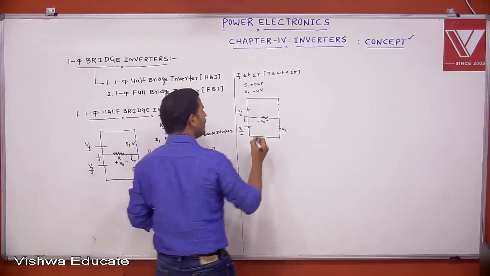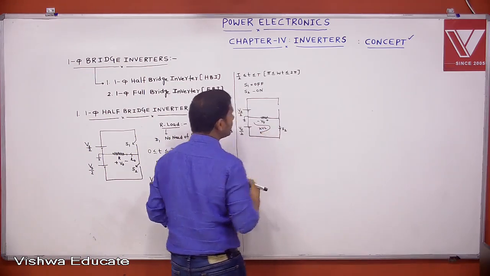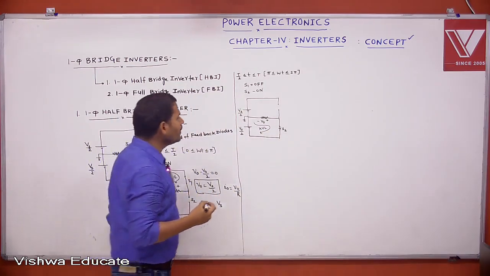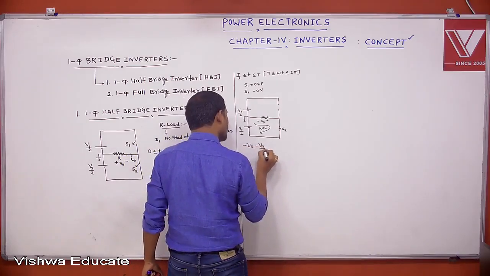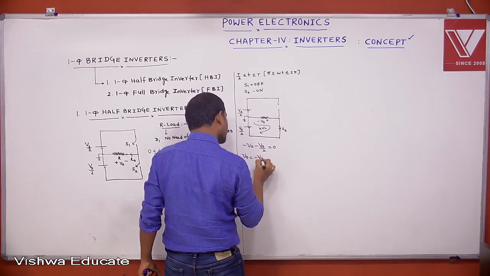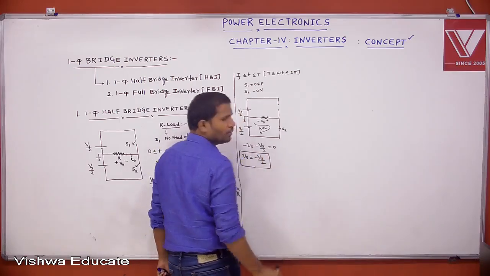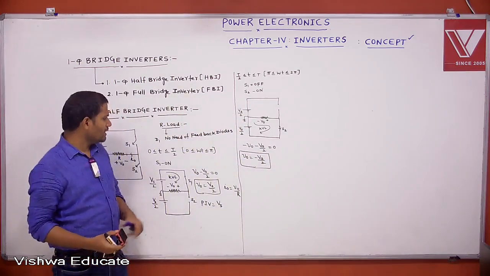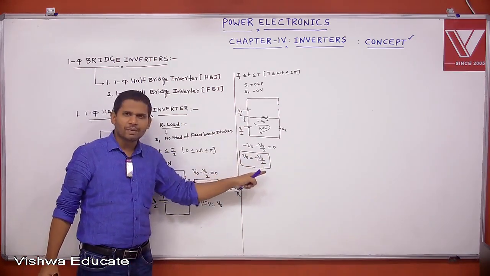Now apply the KVL for this loop, you tell me. Then what do you get? Minus V0 minus Vs by 2 equals 0. Then V0 equals minus Vs by 2. Means if S1 is on, plus Vs by 2. If S2 is on, minus Vs by 2.